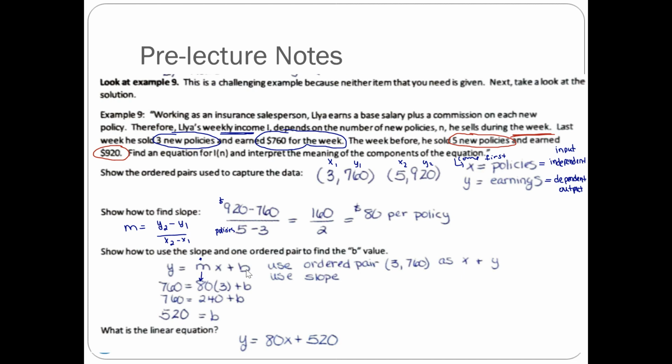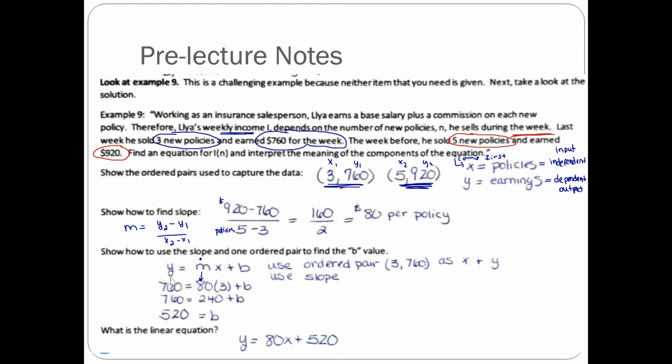But what I don't know is b. They did not tell me the starting salary. They did not tell me the base salary. They told me there is a base salary plus commission, but they didn't say what it was. So I know that the ordered pairs I have, both of these ordered pairs, actually work in the formula. And so I can fill them in for x and y.